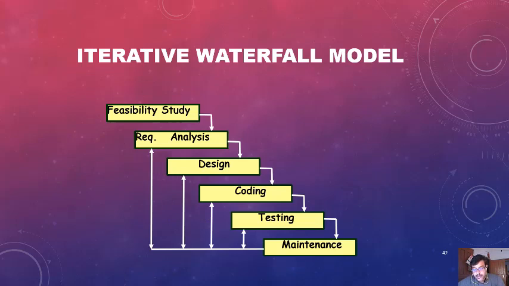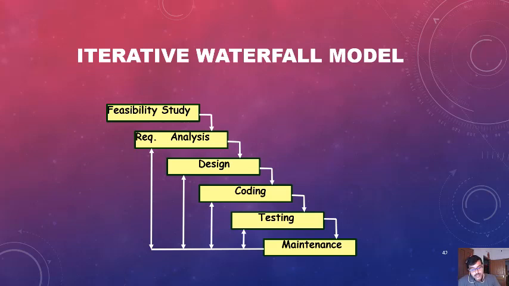The classical waterfall model is an idealistic one, since it assumes that no development error is ever committed by the engineers during any of the life cycle phases. But in a practical development environment, the engineers commit a large number of errors in almost every phase, and these defects usually get detected much later in the life cycle.